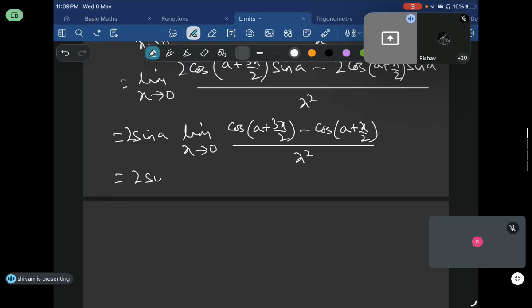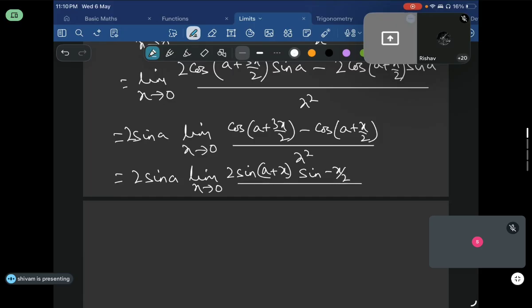So this will become 2 sine a, limit x tends to 0, cos C minus cos D will become 2 sine of C plus D by 2. So 2 sine a plus a, 2a, 3x by 2 plus x by 2 will become 2x, so 2 sine a plus x, into sine of D minus C by 2, that will become x by 2 minus 3x by 2, that is minus x by 2, divided by x square.